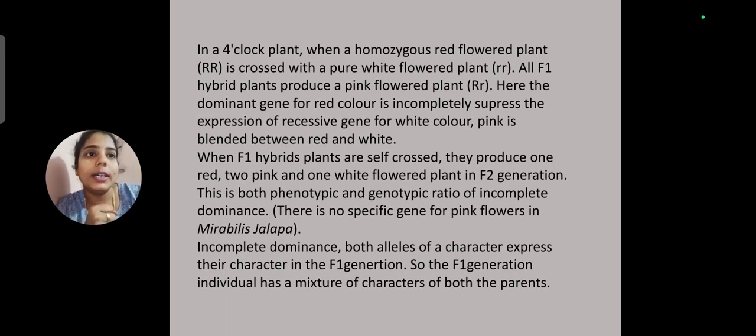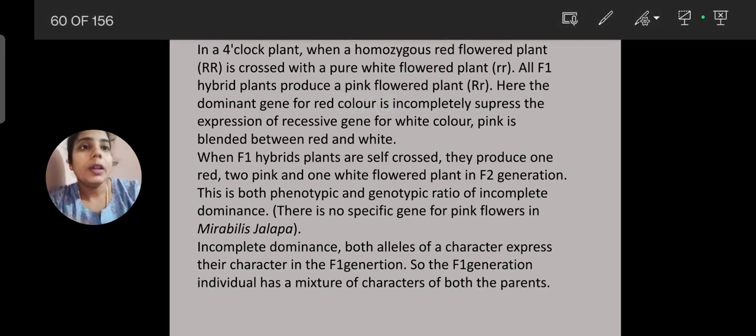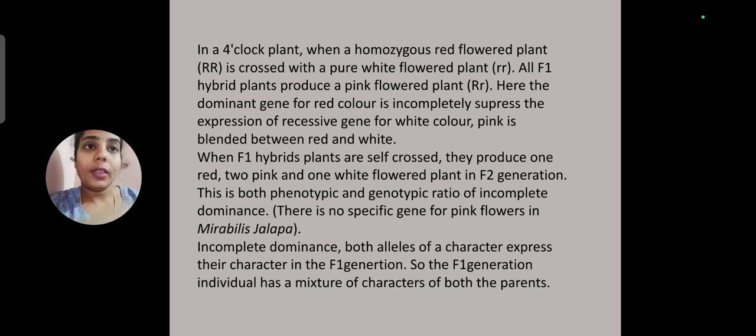Let us move on to what happens in the case of incomplete dominance. In the 4 o'clock plant, a homozygous red flower, represented by capital R and capital R, is crossed with a pure white flower plant, small r and small r.